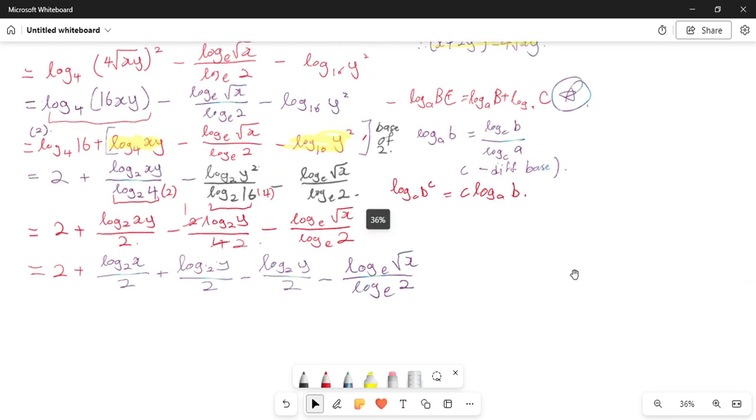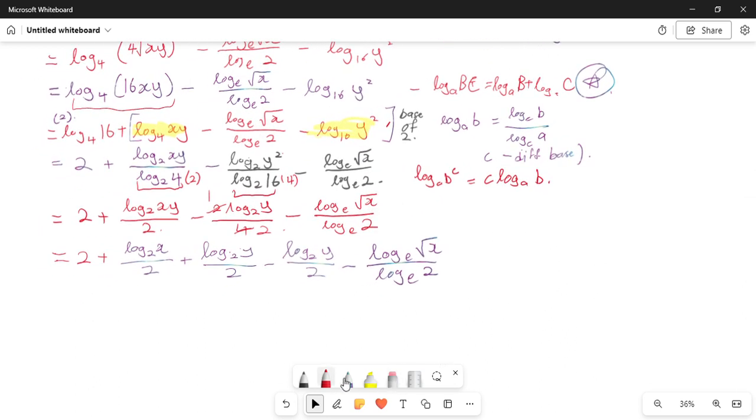Okay, then after that, I'm going to cancel these two out. So now I'm left with 2 plus log 2x over 2 minus log e root x over log e 2.